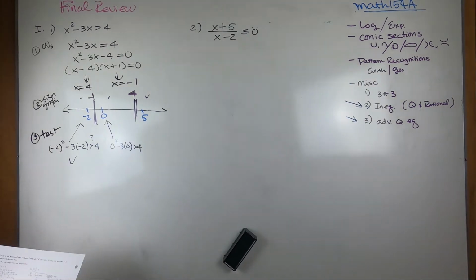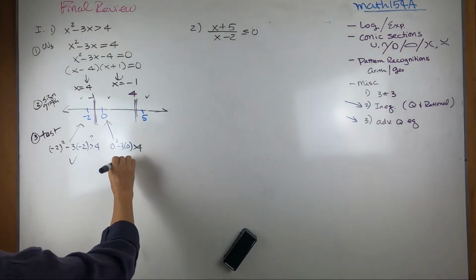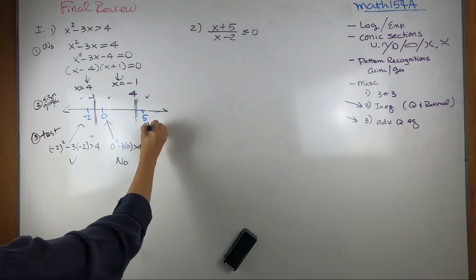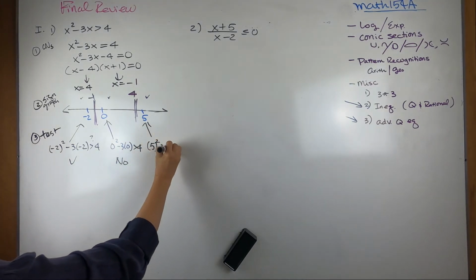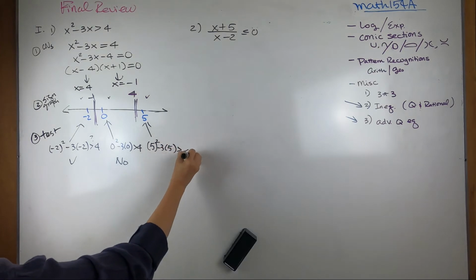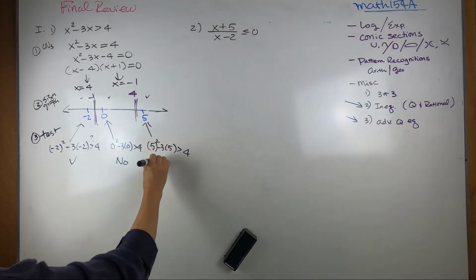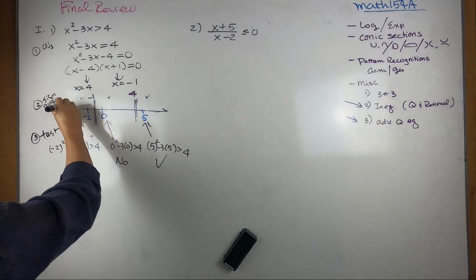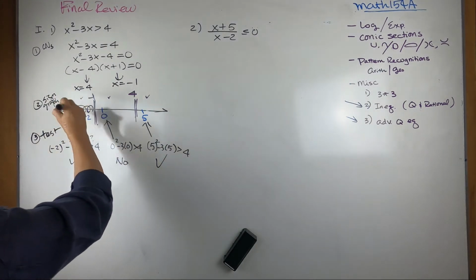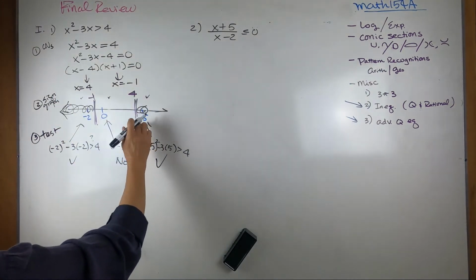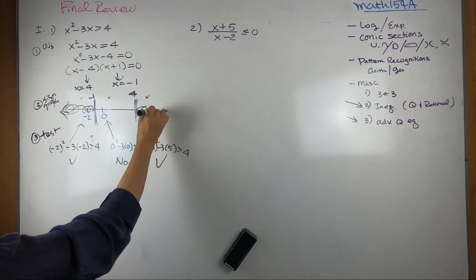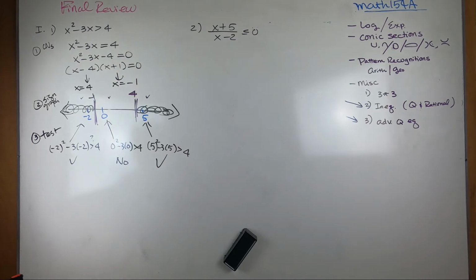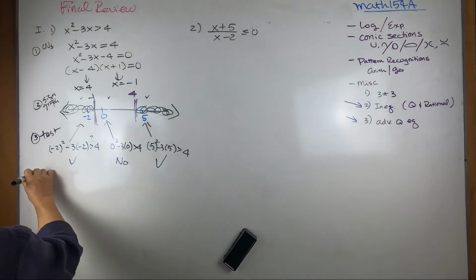That's 0, right? So it's no. How about 5? So 5 squared minus 3 times 5, 15 greater than 4? That's 10, yes. So your answer will be this part, oops, not past 5, it's past 4, according to the critical numbers, right?